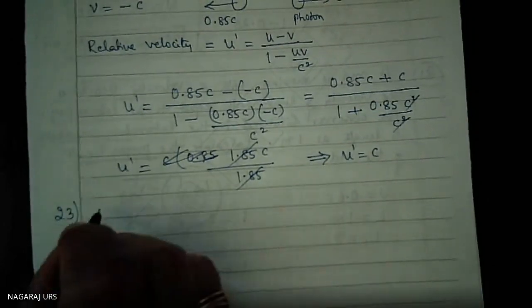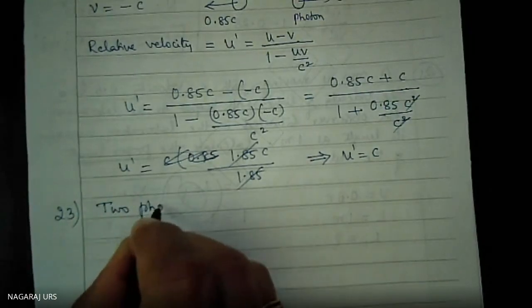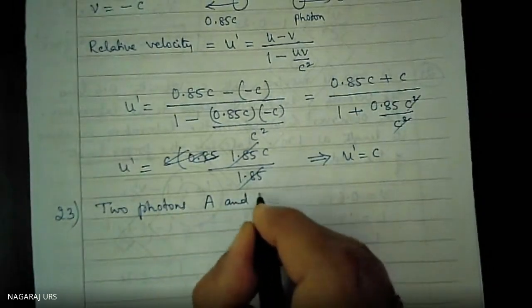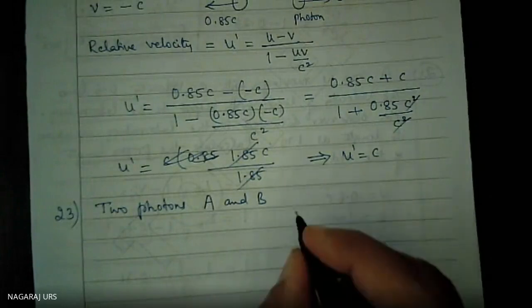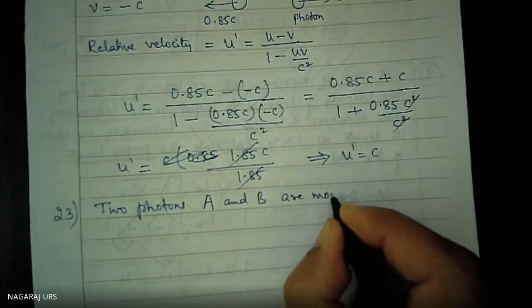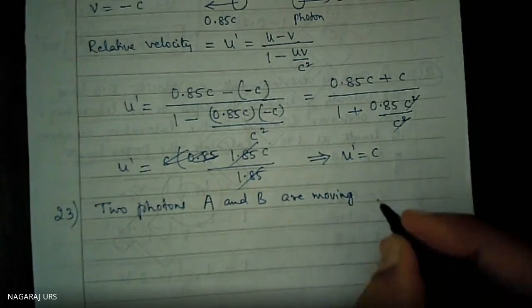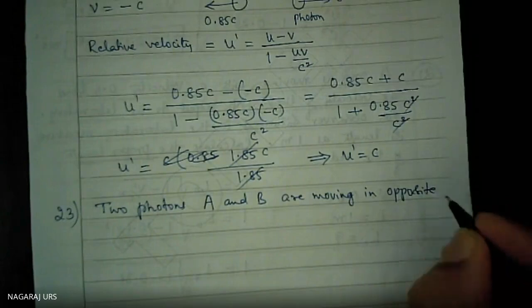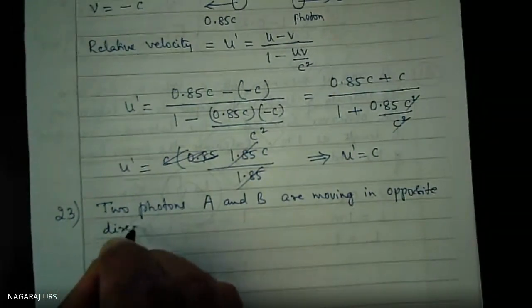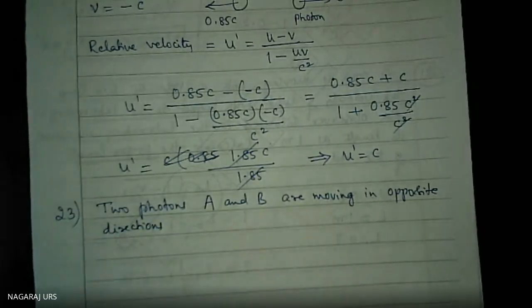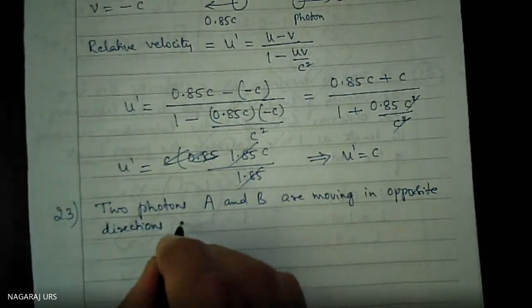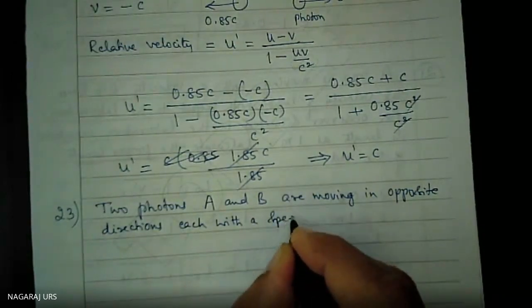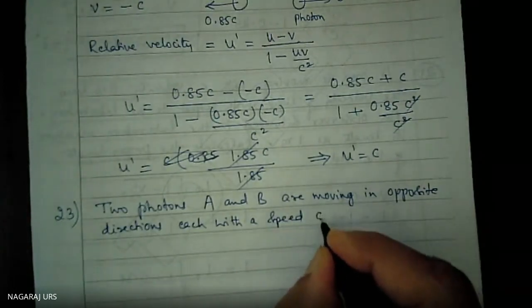Two photons, A and B, are moving in opposite directions, each with a speed c.